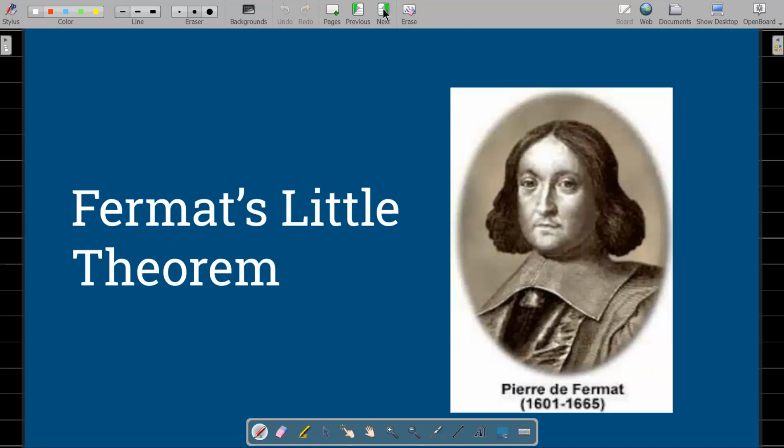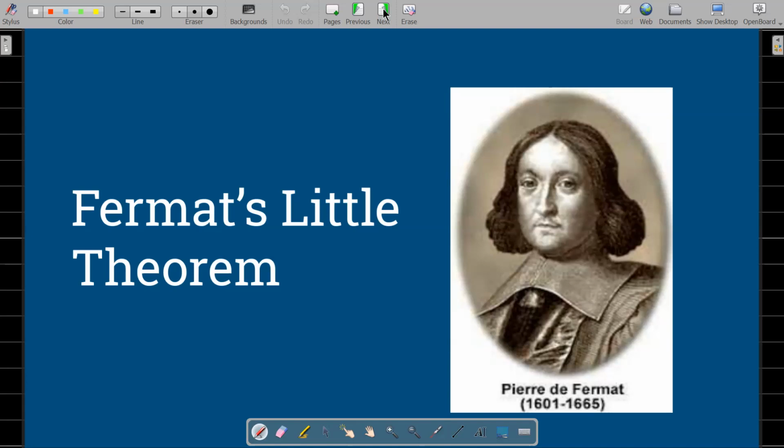Okay, Fermat's little theorem. Fermat was a French mathematician, and he is more famous for his last theorem. But what we want right now is the little theorem. So what is Fermat's little theorem?